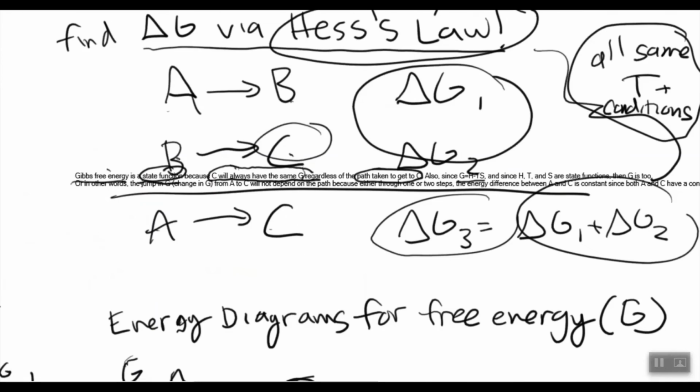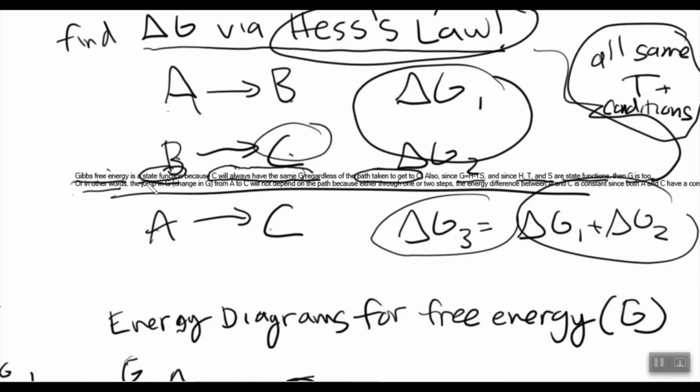So down here, we know that since G is equal to H minus TS, and since H, T, and S are all state functions as we've learned before, then delta G is also a state function as well.